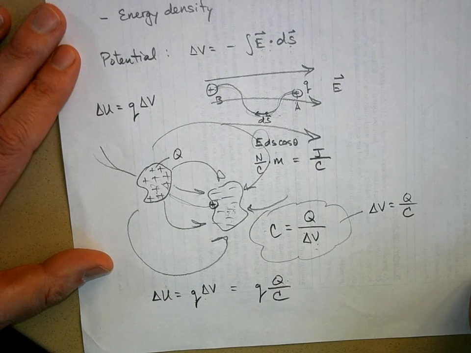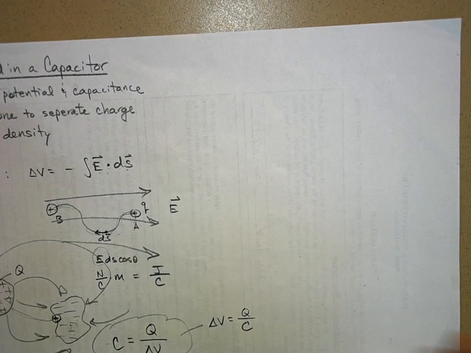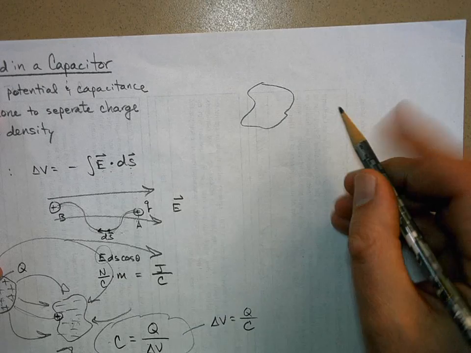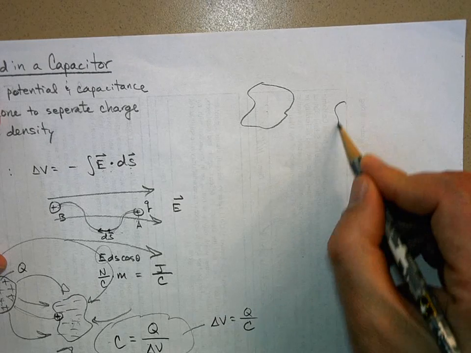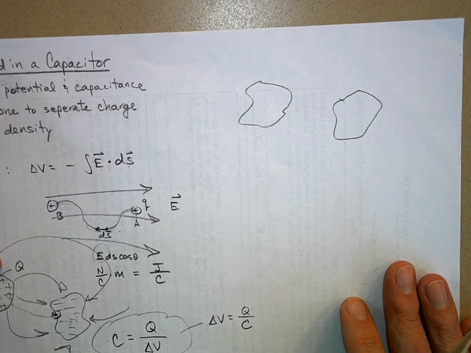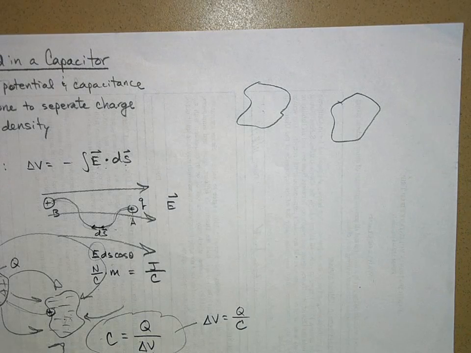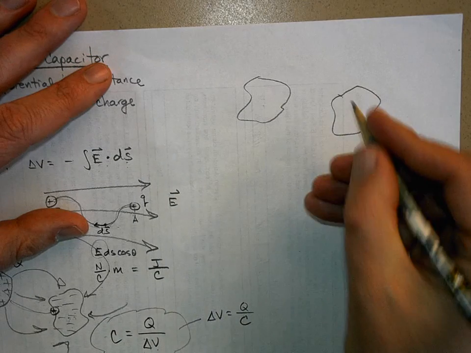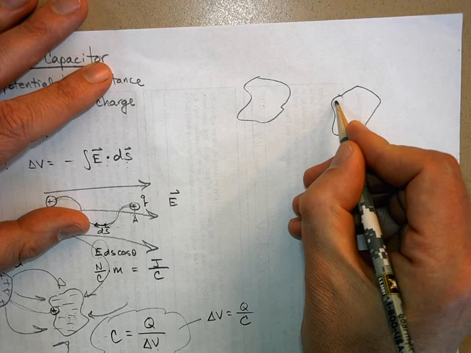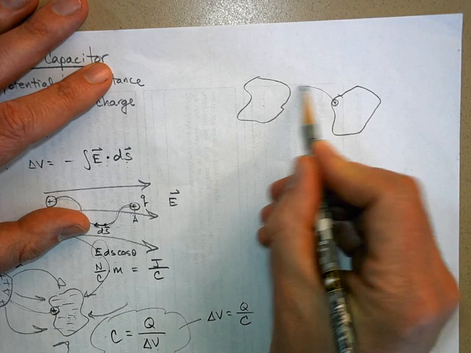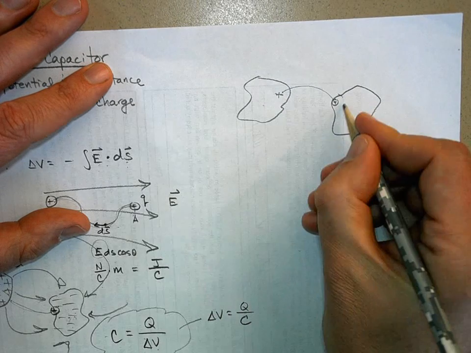Okay? So here's my positive, or one of my plates, or one of my metal things, and here's the other one. And they're going to start off being electrically neutral. There's no charge separation when I begin, right? And so what I'm going to have to do is take some positive charge from here and deposit it over here, leaving a negative charge behind.